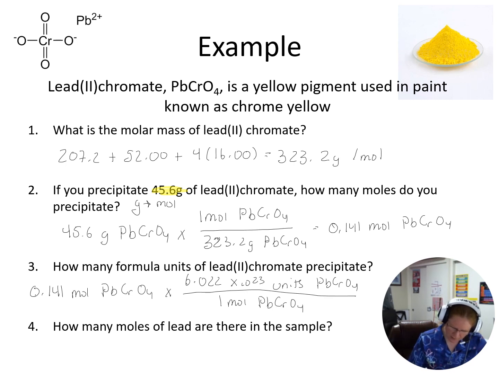Okay, and we're going to get 8.49 times 10 to the 22nd units.